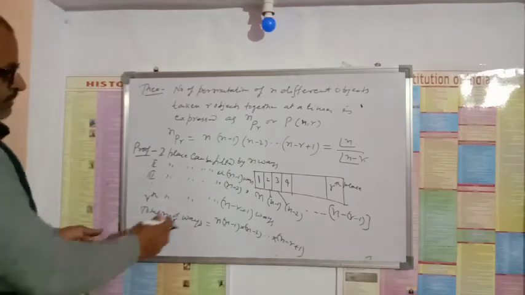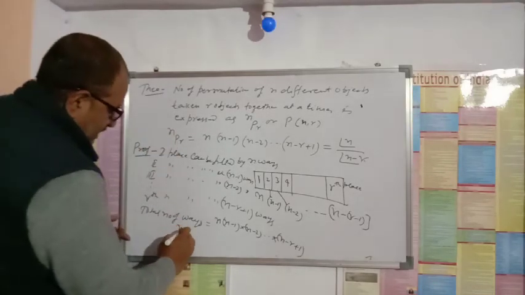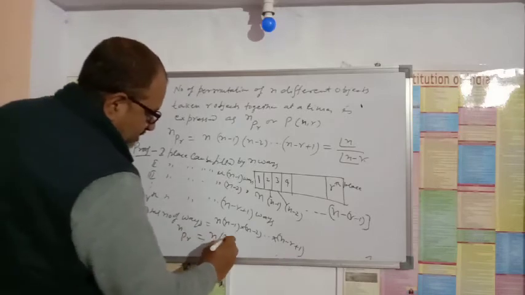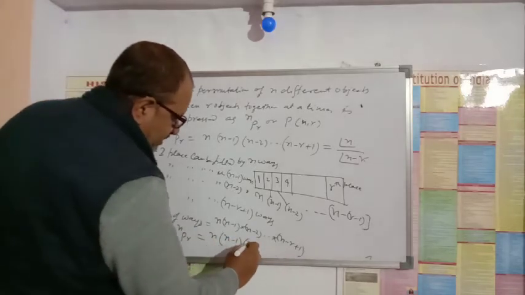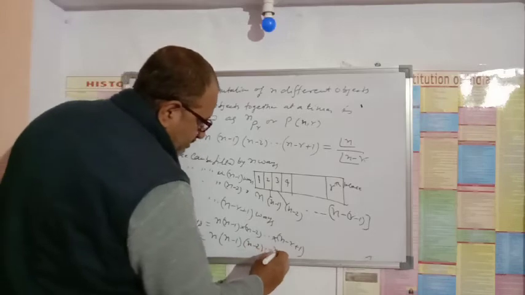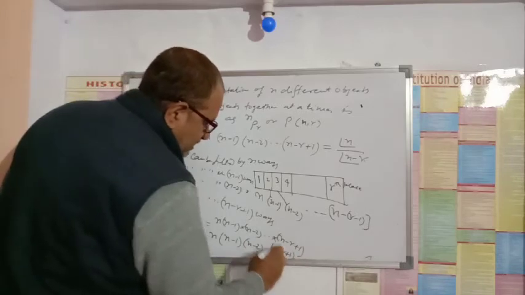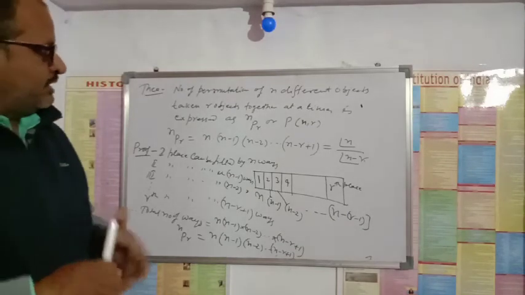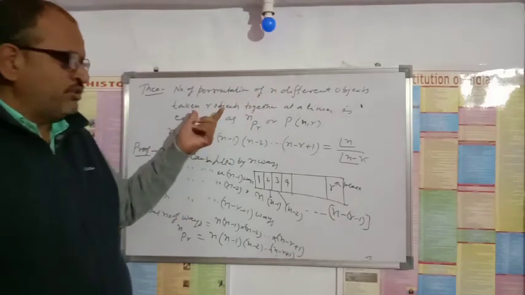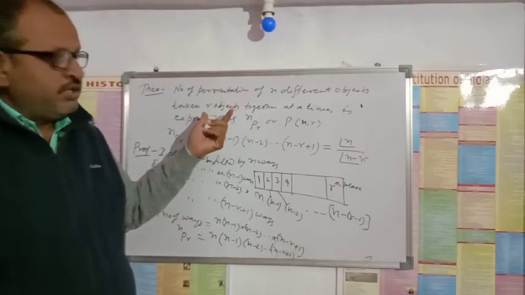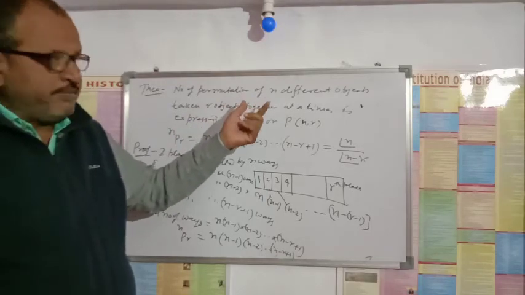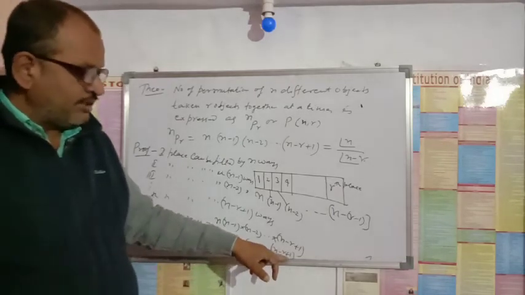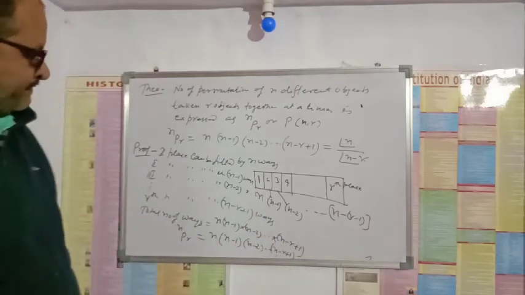And this total number of ways is represented as nPr. So nPr is equal to n(n minus 1)(n minus 2)...(n minus r plus 1). So if there are n different objects and we have to take r objects at a time, how many arrangements can we make? We can make n into n minus 1, n minus 2 and so on up to n minus r plus 1 arrangements.